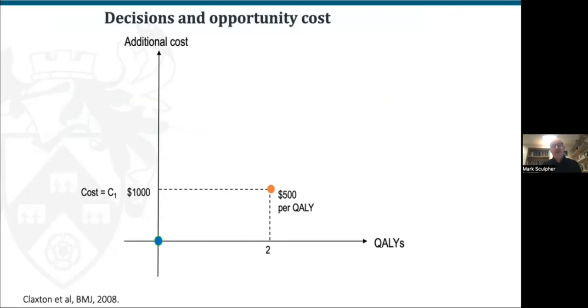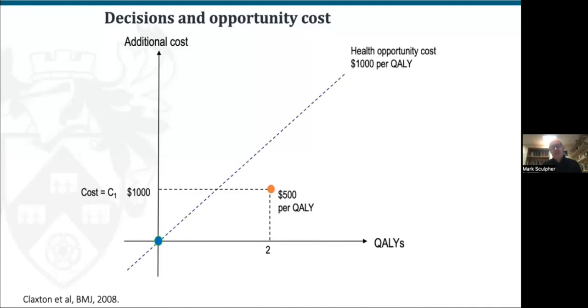So every additional QALY costs us £500 on average. So we call that the incremental cost effectiveness ratio, the ICER, the additional cost per additional QALY generated. That is 1,000 over 2, £500 per QALY.